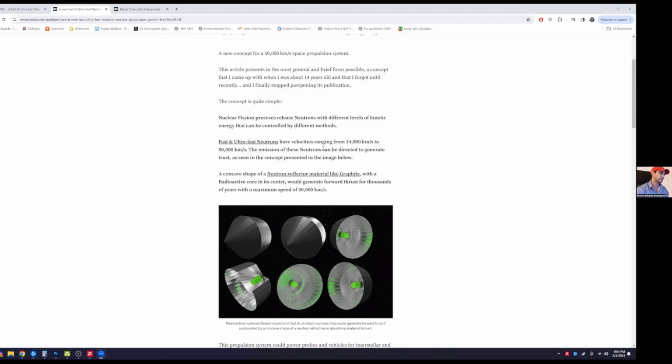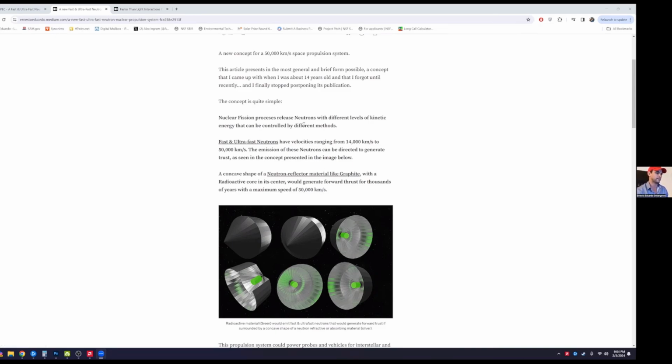I have read that normally in a sustained nuclear reaction, you can get neutrons with speeds of up to 50,000 kilometers per second. That's why I'm assuming that could be the maximum potential speed of the vehicle.